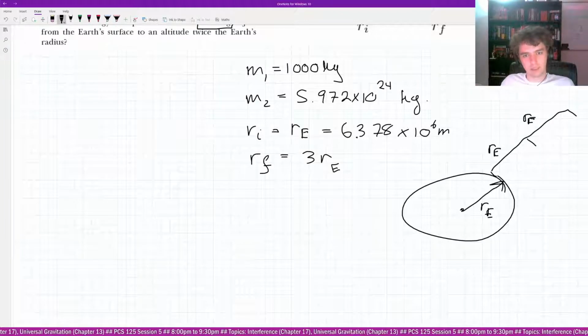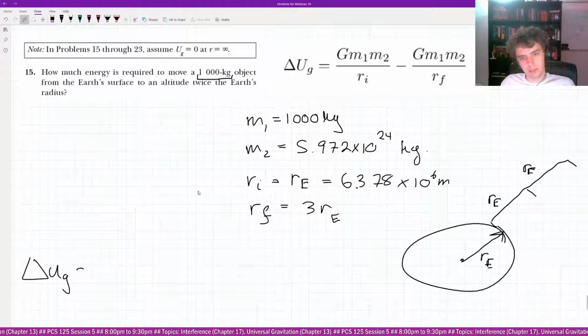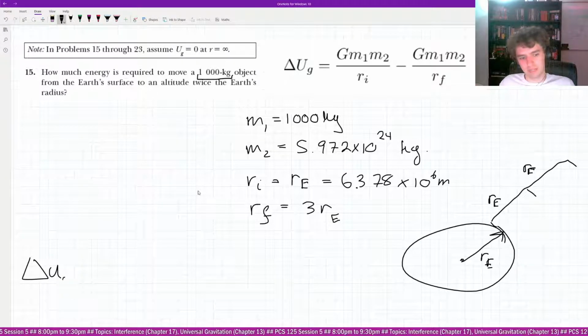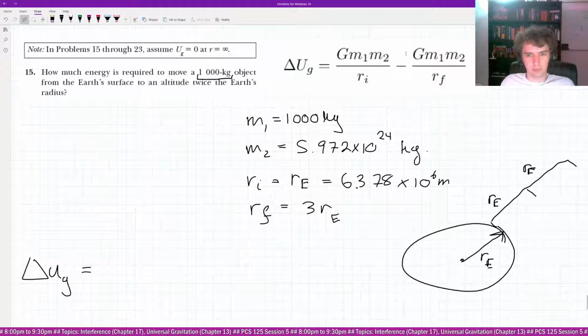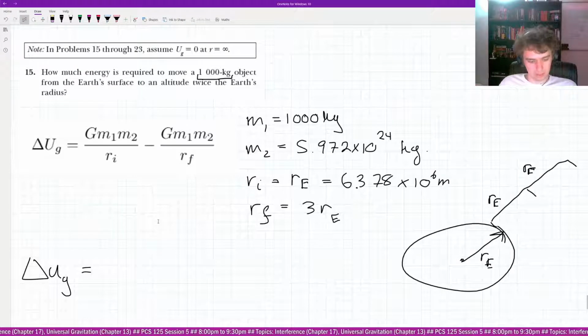Yeah, I'm going to use this formula now to find delta UG. I'm just going to plug all that in. So it's a fraction minus a fraction.